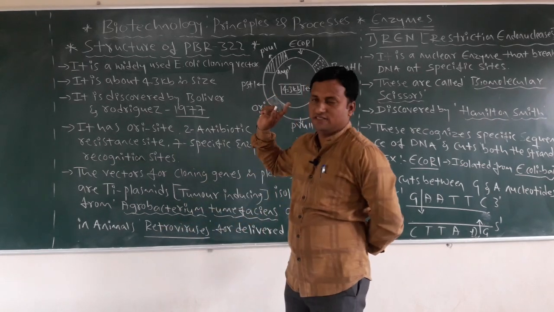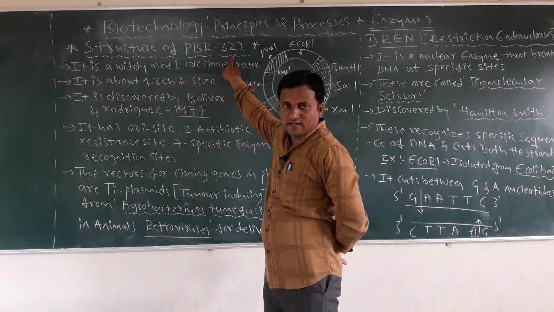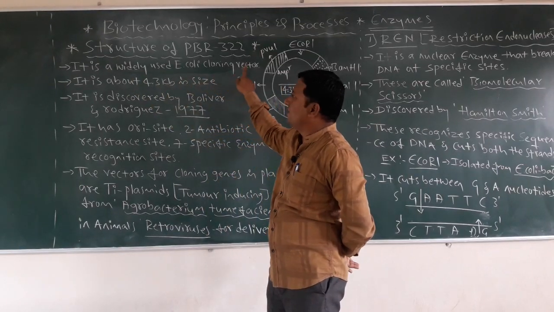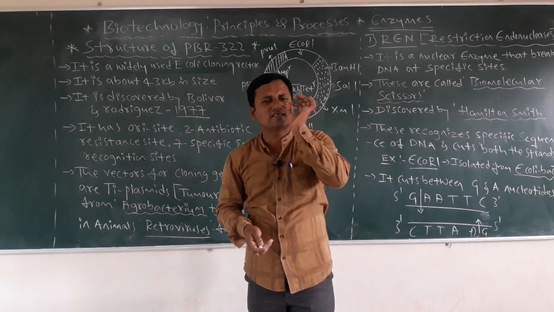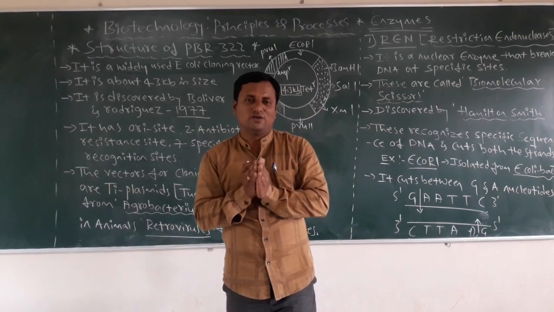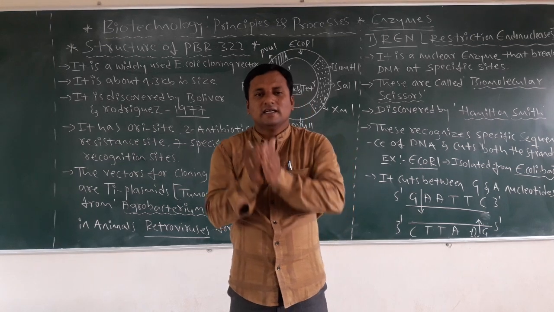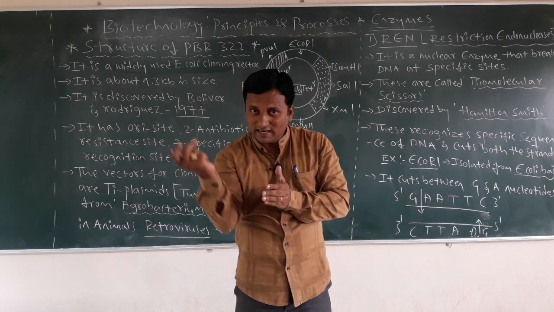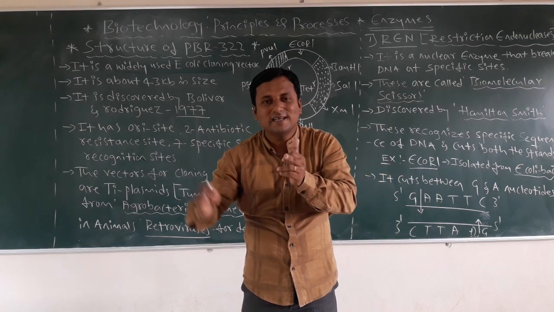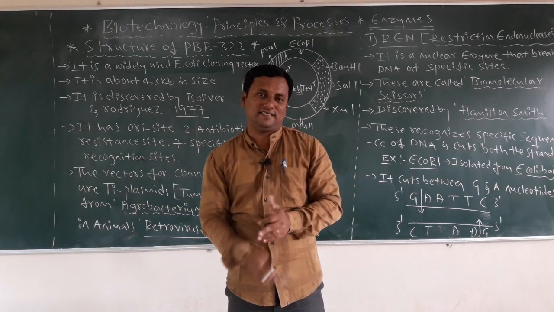First point, the structure of pBR322. It is a widely used E. coli cloning vector. This was the first E. coli cloning vector used. Cloning, as I already told you, is taking a desired gene from one organism, introducing it into another organism, and forming a large number of copies.